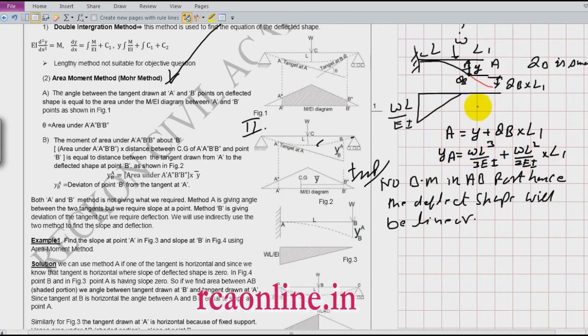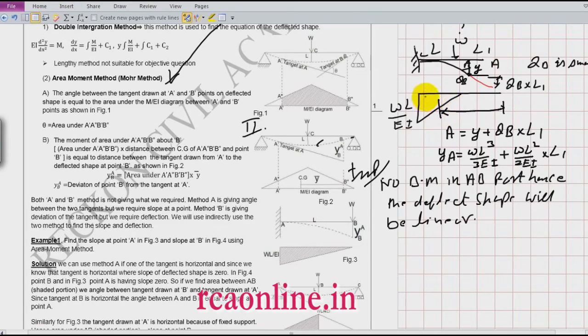Now the same thing you can prove by the area moment method also. Clear? How? You draw a tangent at C and take the moment at A. So what is the area? The area is the same. And what will be the distance? The distance will be this much.